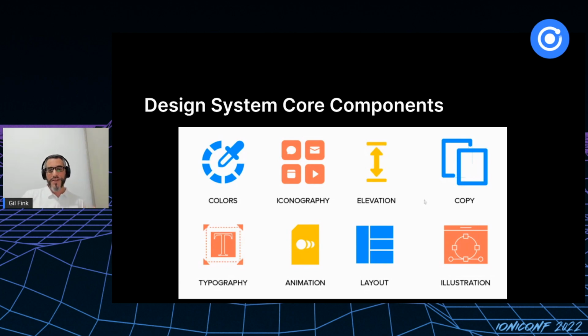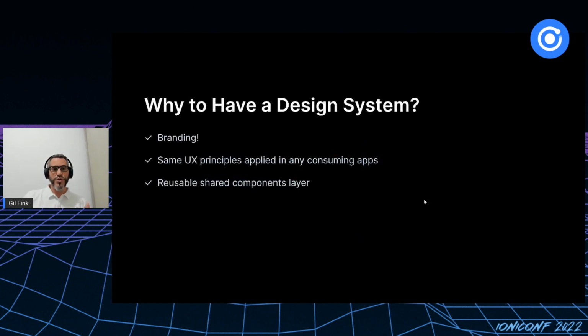So probably as a developer, you ask yourself, why should I care? Design systems distinguish your brand from other brands, and they give you UX principles that are applied on all the applications in your company or other applications that you create for consumers.